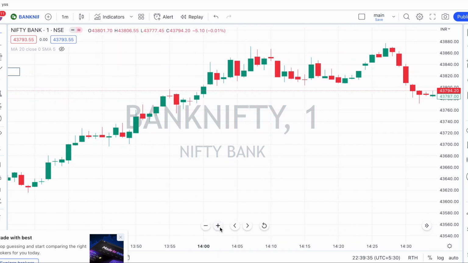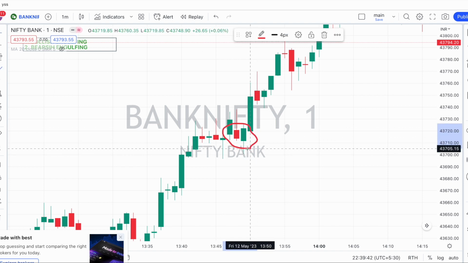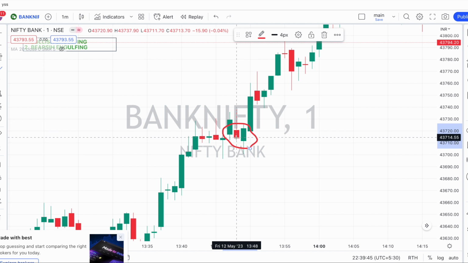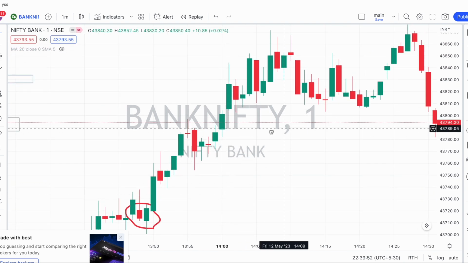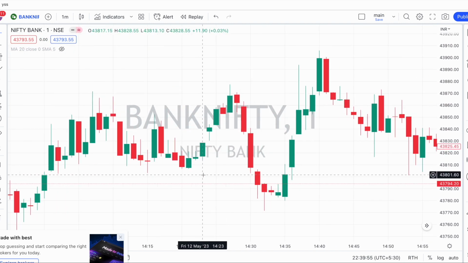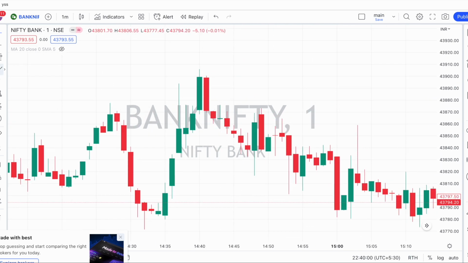Now if I ask you to identify bullish engulfing, or if I ask you, is this a bullish engulfing? Yes, right? Because the body of the red candle is completely eaten up by the green candle. Now let's try to find a bullish engulfing pattern.